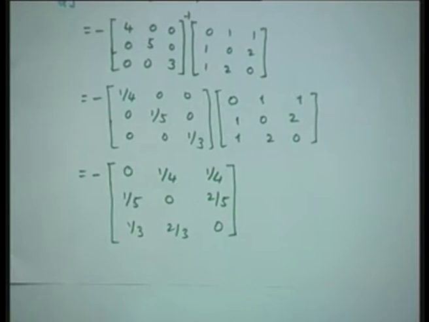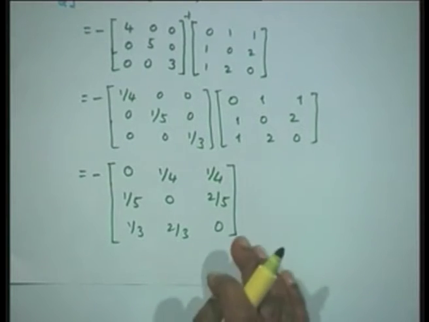So, this is the iteration matrix for our Gauss-Jacobi method. Now, we are going to use this later on to study the convergence properties of the Gauss-Jacobi and also to obtain the rate of convergence, how fast it is converging.